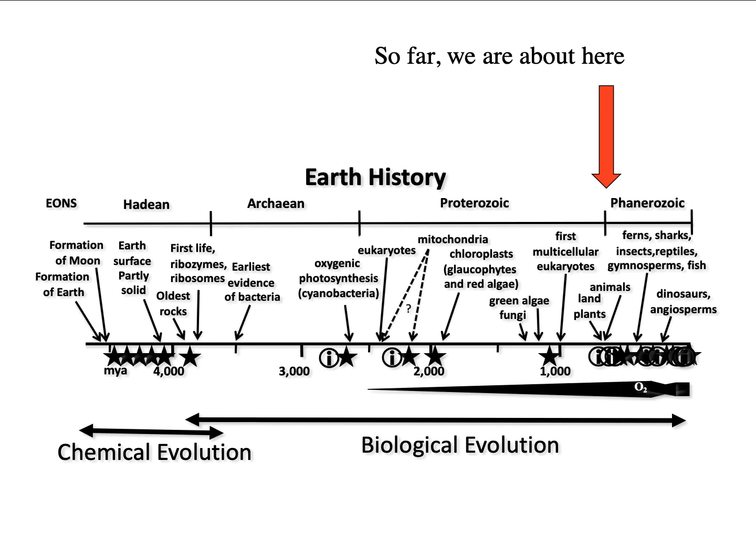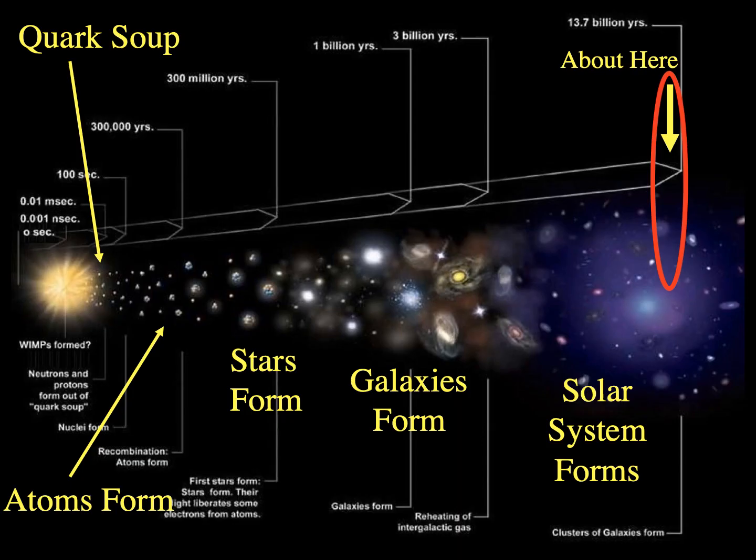So we're only here so far, about 500 to 600 million years ago. So we have quite a ways to go in Earth history. And if you look at the timeline in the universe, we're about here. So very, very close to the end of this continuum, starting from the Big Bang.